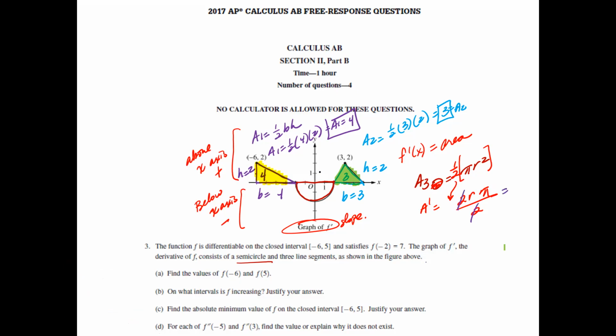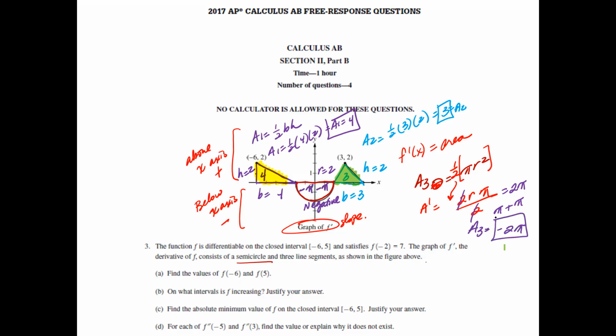And then the radius here for the circle is a 2, so it will be 2 pi. So 2 pi is the same thing as having pi plus pi. And because this is below, this is going to be a negative pi and a negative pi. So your area for the semicircle is -2 pi.